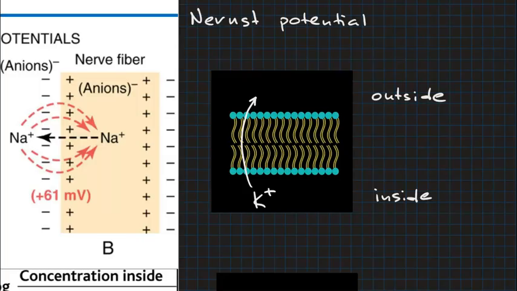Agreed? What type of charge will it bring to the outside of the cell? Positive. Potassium is positively charged. What type of charge will it leave behind? Negative. Would you agree that positively charged potassium would be drawn to the negatively charged interior of the cell?